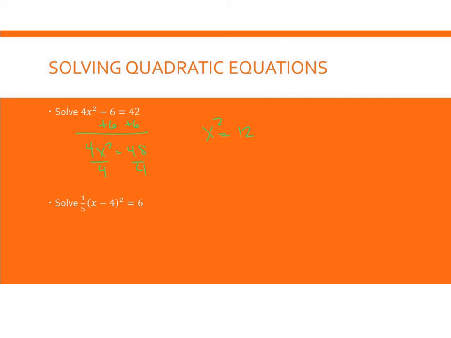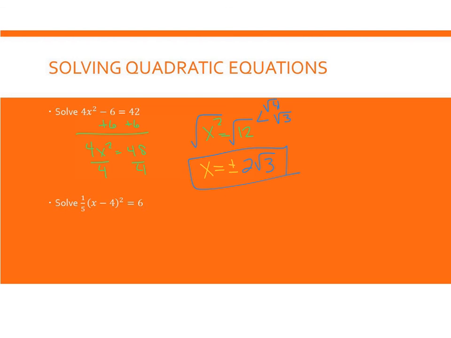So now that x squared is by itself, square root both sides. Do not square root both sides up here. That would be a huge mess. You can't do anything with it. Wait till you get here to square root both sides. x equals plus or minus, because we got our two solutions, and 12 separates into the square root of 4 times the square root of 3. So that is 2 square root of 3.